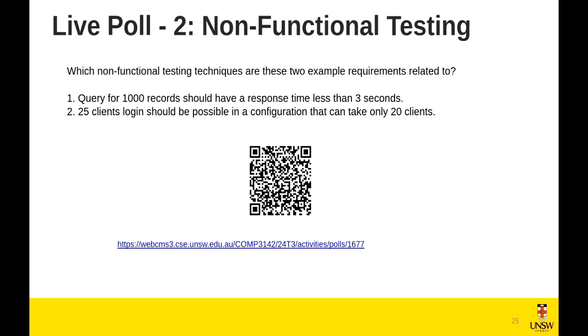This is the first non-functional requirement. The second non-functional requirement is that 25 client logins should be possible in a configuration that only takes 20 clients. So what are the non-functional testing techniques needed for checking these two non-functional features?